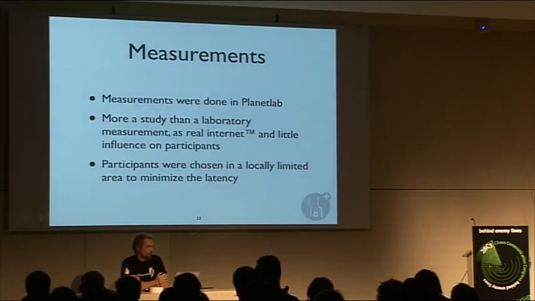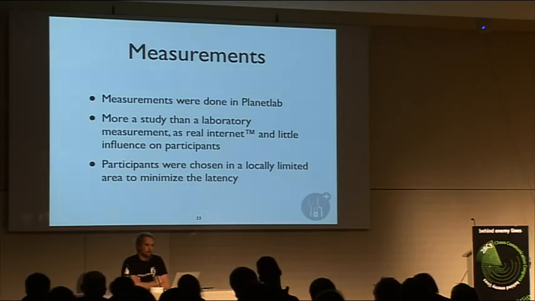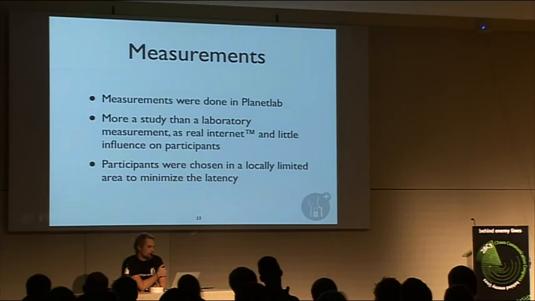What I also did were some measurements. I measured it within the Planet Lab. The Planet Lab is a compound of scientific organizations. They put up computers in the internet, and it's more a study than a laboratory measurement, as I used the real internet. And I have only little influence on the participants, as they are all doing other tasks as well.